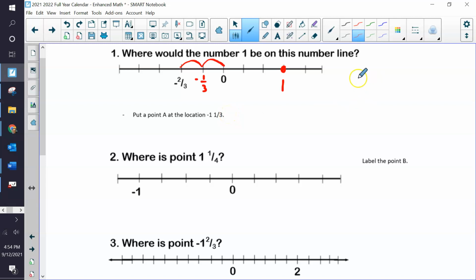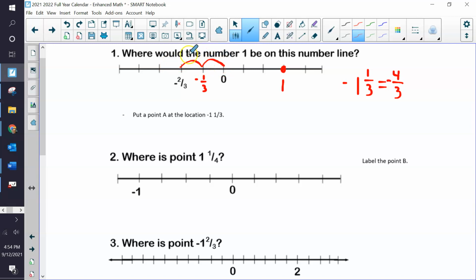So the next question over here is put a point A at location -1 and 1/3. Well, 1 and 1/3, I'm going to write this over here. 1 and 1/3 is the same as 4/3. And I'm not really caring whether it's positive or negative now. I'm just showing you that 1 and 1/3 is the same as 4/3. So -1 and 1/3 is the same as -4/3. So we can count going in the negative direction, count 4/3.